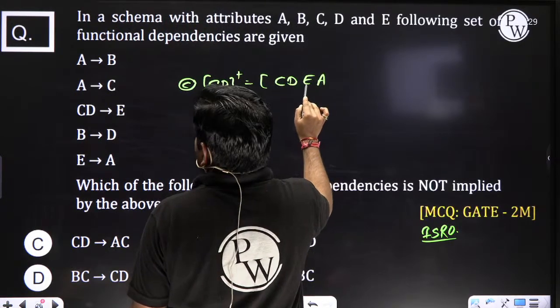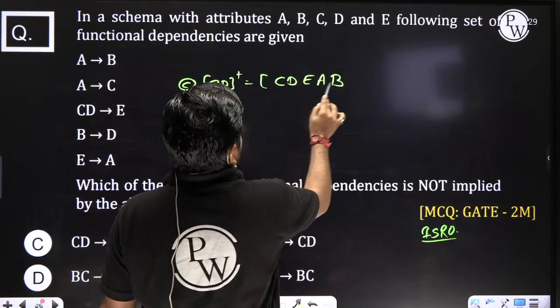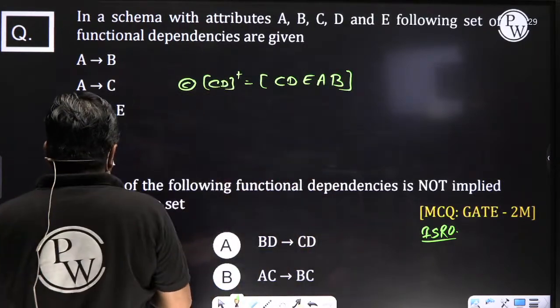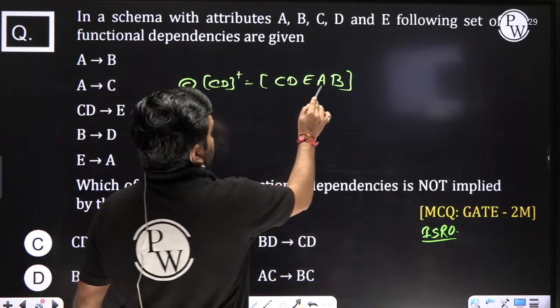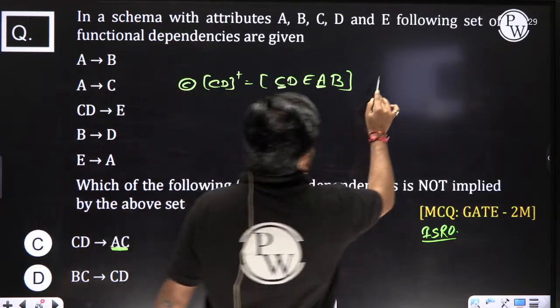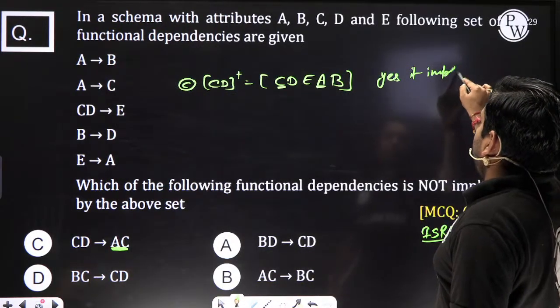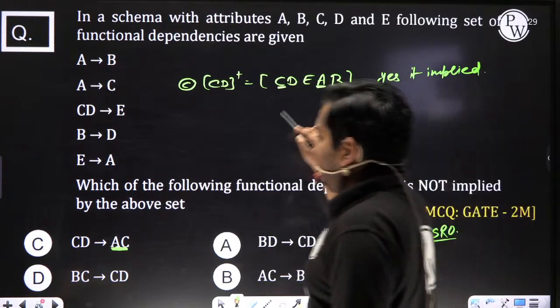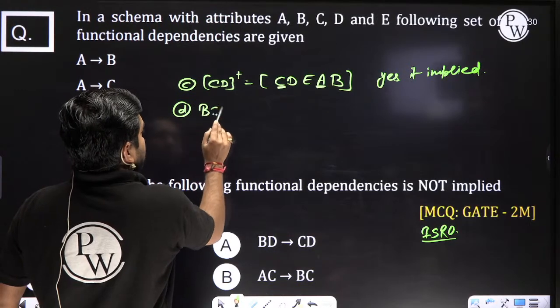A and B, we are getting... can we get AC? Yes, it's implied. Second, D option. Fine.